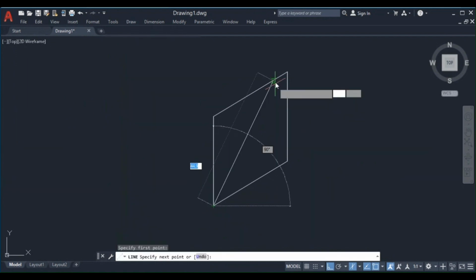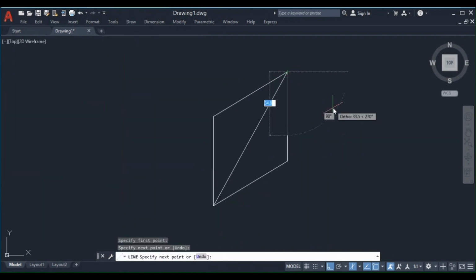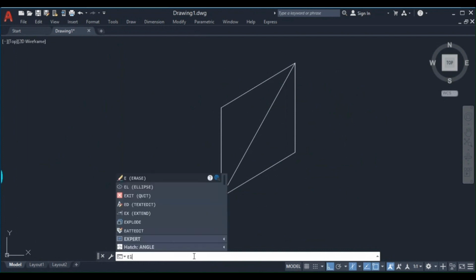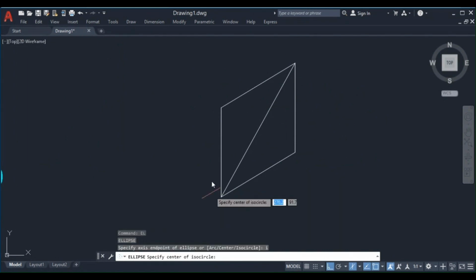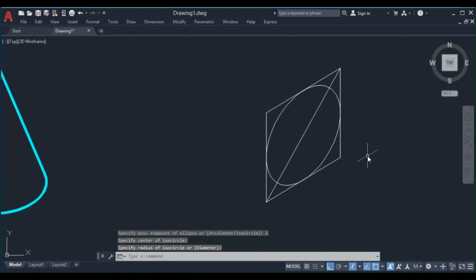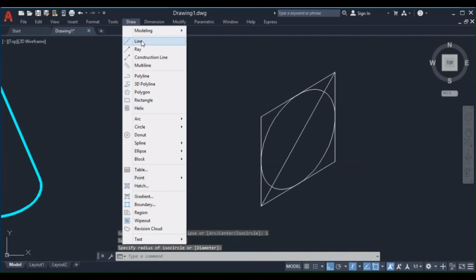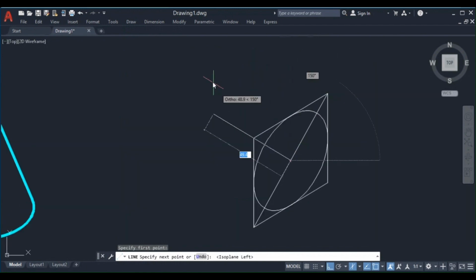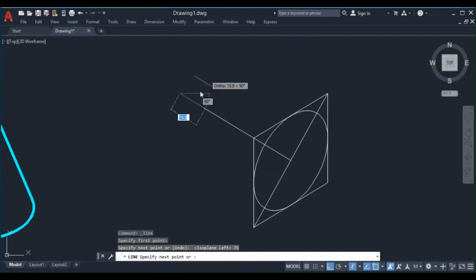Major diagonal. Press EL, enter, I, enter. So axis also should be taken in iso angle. Press F5. So 70 mm.